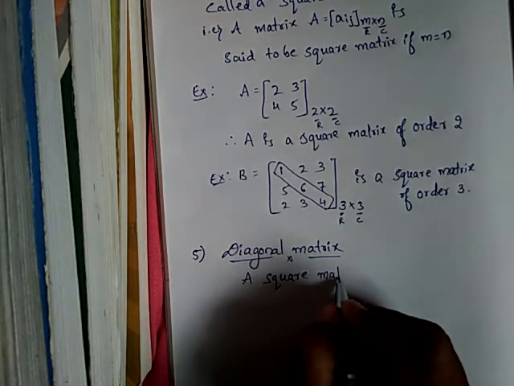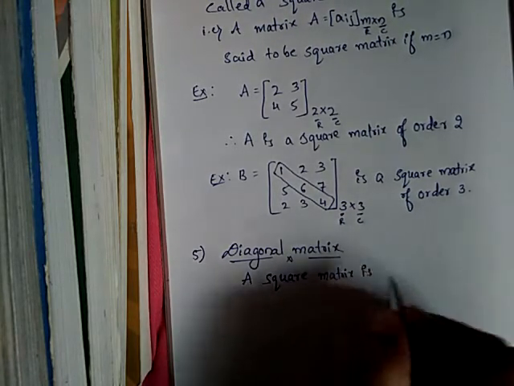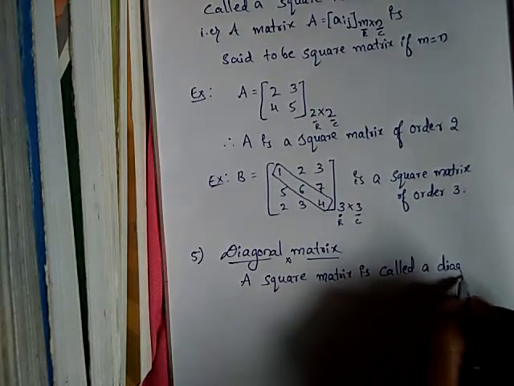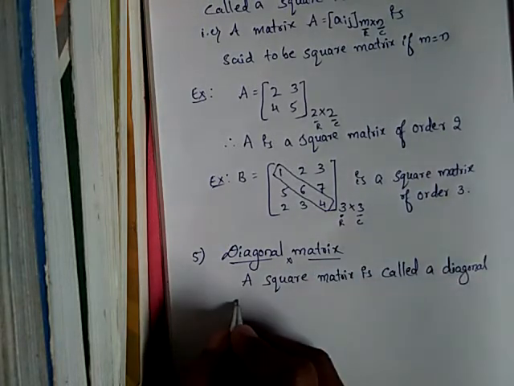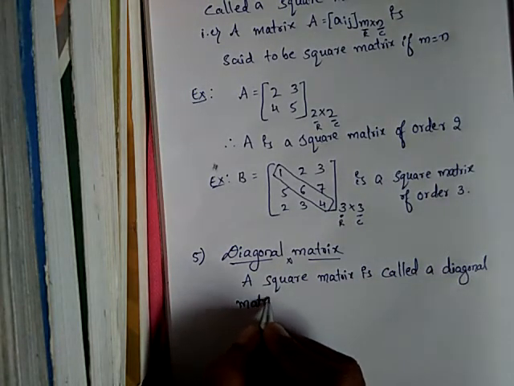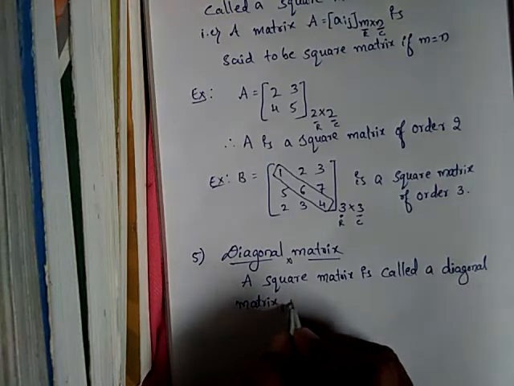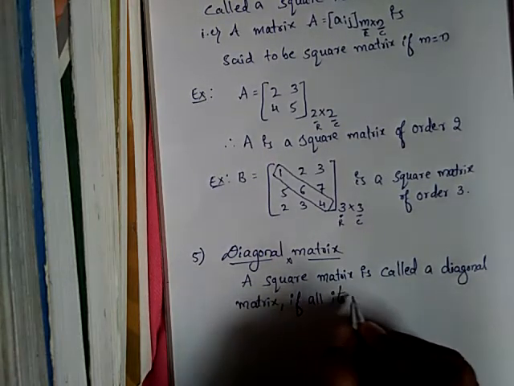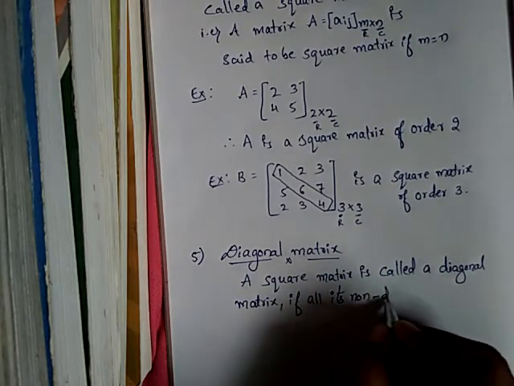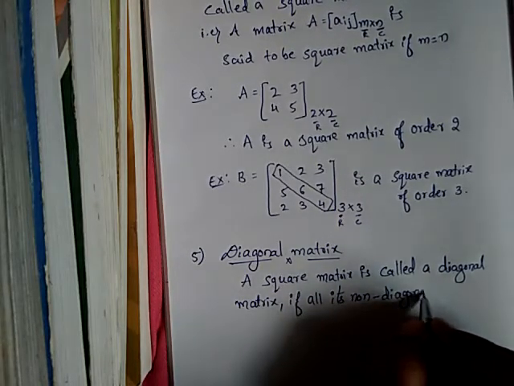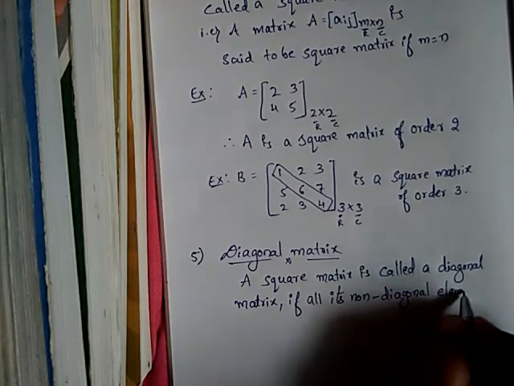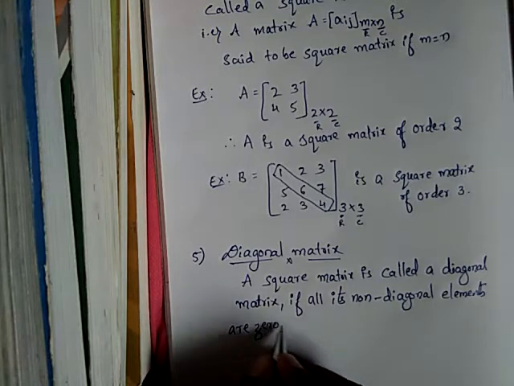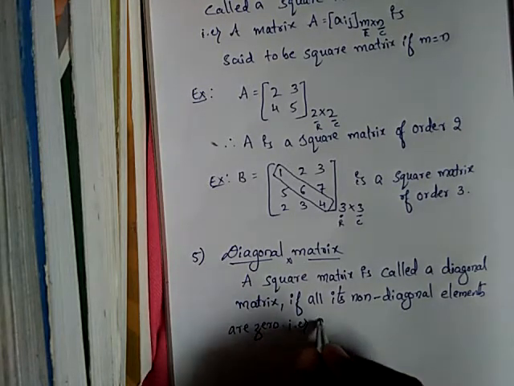A square matrix is called a diagonal matrix if all its non-diagonal elements are 0.